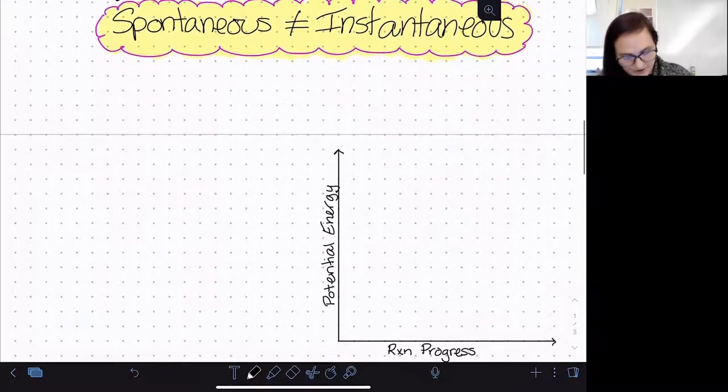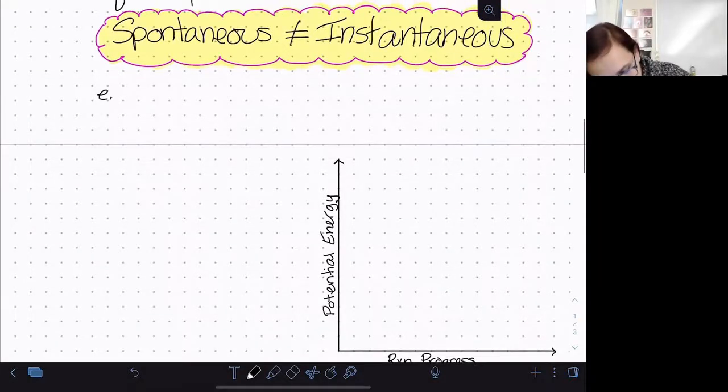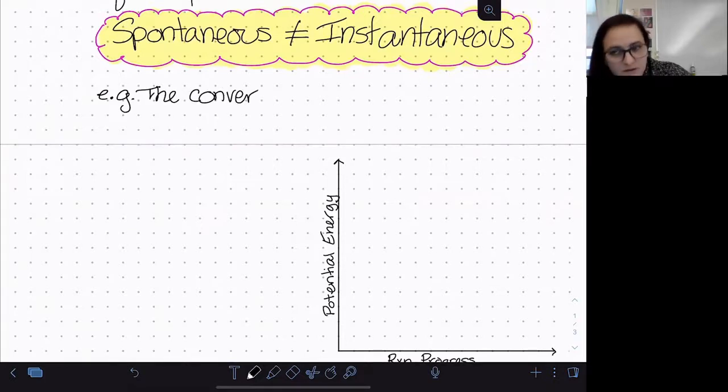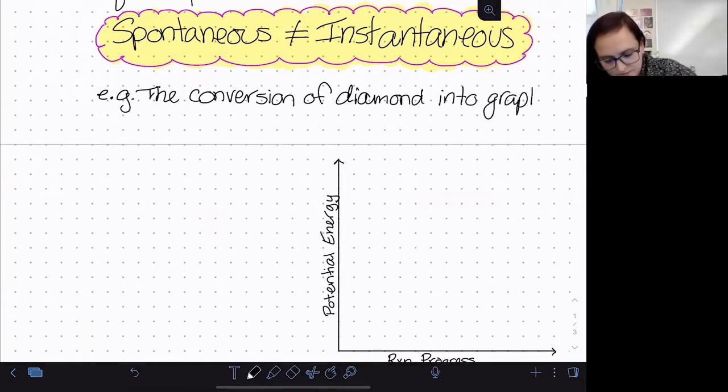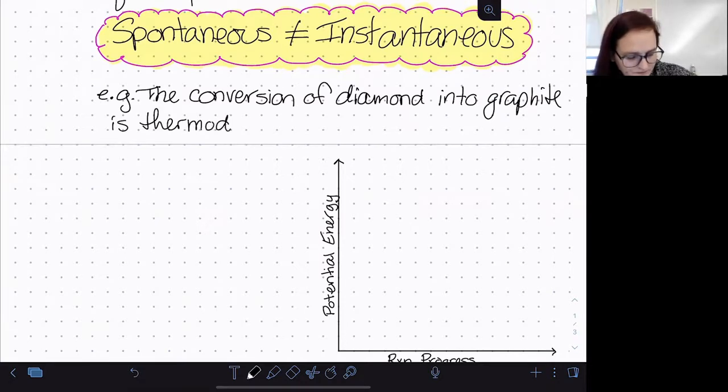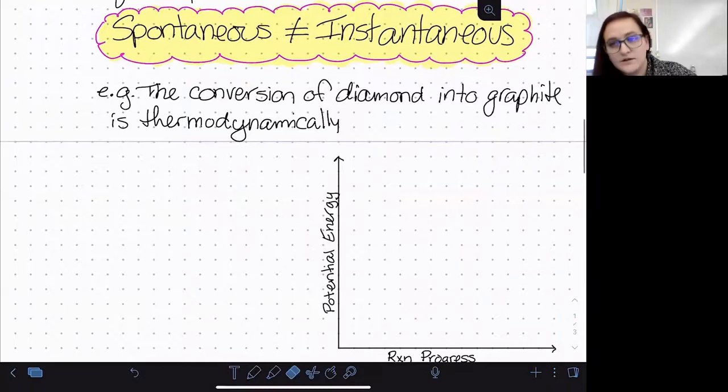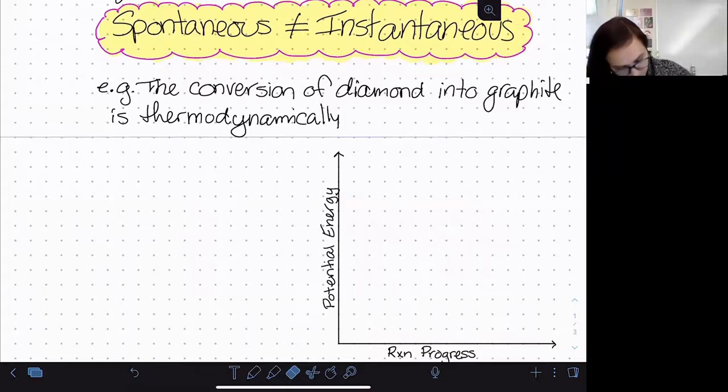So the conversion of diamond into graphite is actually thermodynamically favored at all temperatures. It is slightly exothermic and has an increase in entropy for that transformation as well.